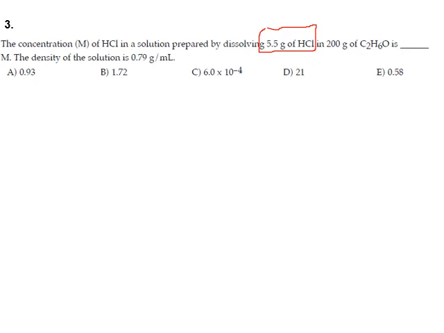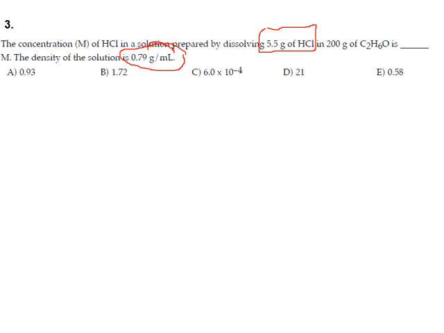And then we also are going to need to know the number of liters we have of the solution, which would be both the solute and the solvent. We have to do this one a little oddly because they give it to us in a different way. They're telling us the density of the solution is 0.79 grams per milliliter, which I'm going to invert and flip upside down, and instead of writing it as 0.79 grams over 1 milliliter, I'm going to write it as 1 milliliter over 0.79 grams.